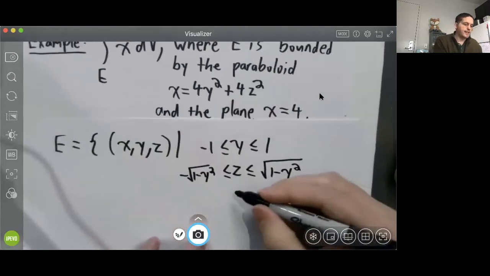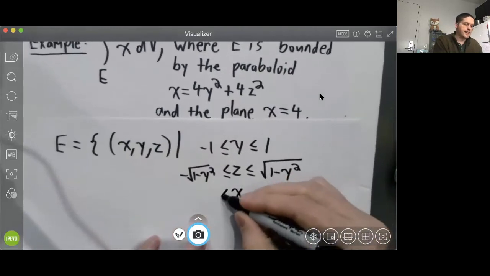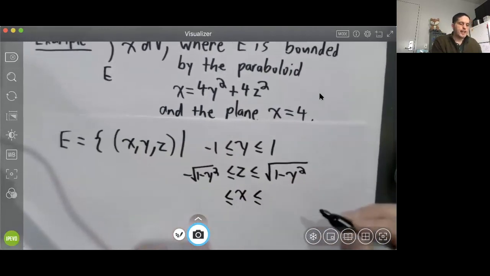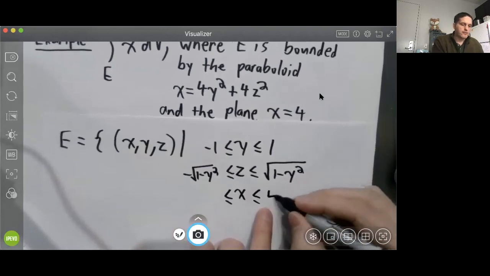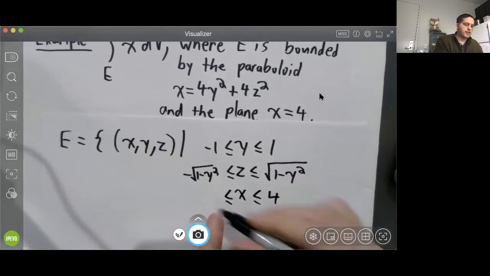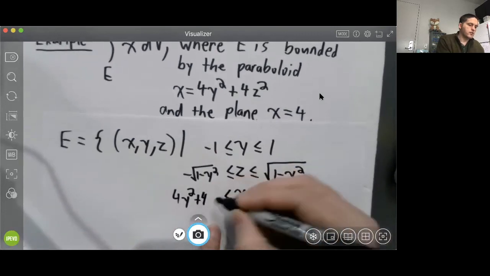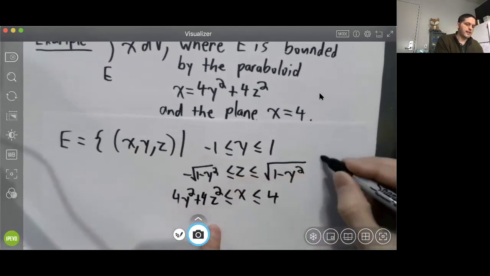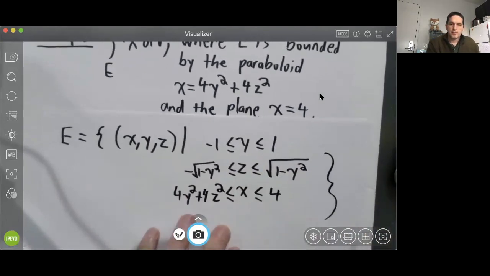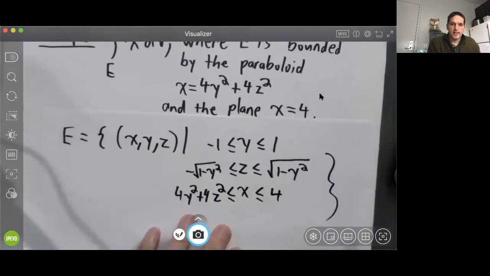And then finally, what about x? x is less than or equal to 4, and x is greater than or equal to 4y squared plus 4z squared. This is a description of our solid region E, and notice the pattern that we're following.